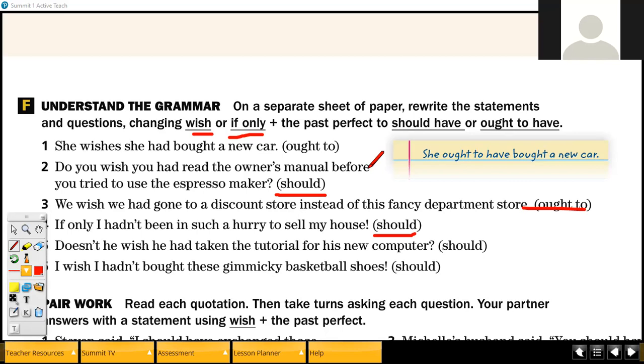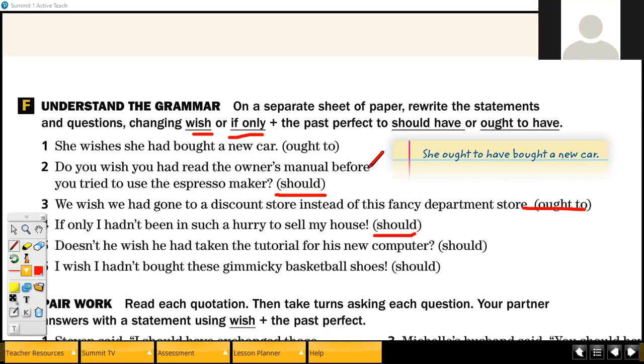Okay, the number 4 is if only I should have, but in negative. Should have not. No, because it's not a question. It's I should.